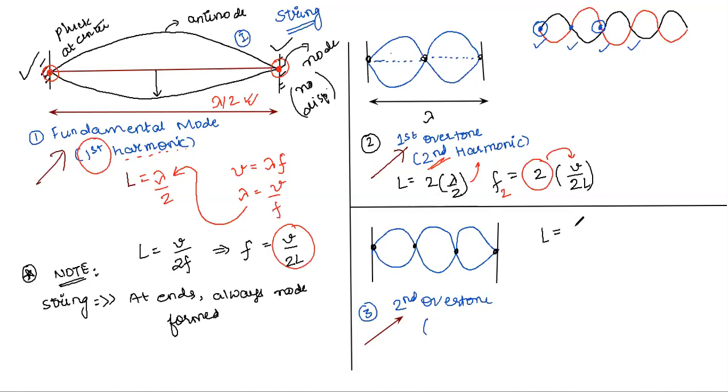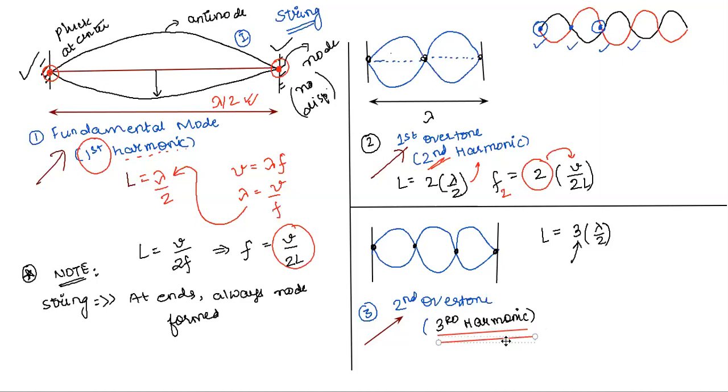Length is equal to 3 times? Lambda by 2. Very good. So which kind of harmonic should it be? Third harmonic. Absolutely correct. So this should be the third harmonic. Anukriti, is this point clear to you? Yes, sir. It's clear.